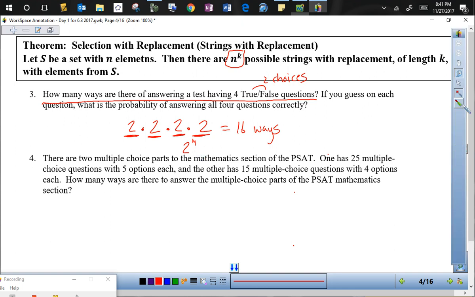So let's fill in our box with a clearer way of writing this. It's definitely n to the k possible strings, where n is your number of choices, and where k is the number of times you repeat the choice. I'm going to say number of trials or repeats.